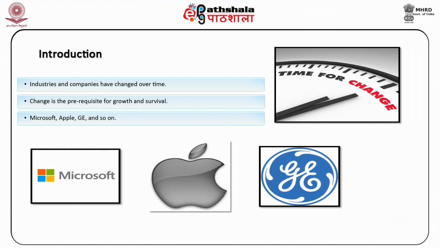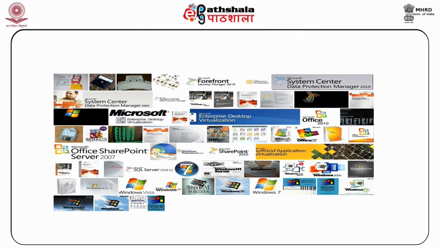GE, for example, has shifted from technology to services and is a leading conglomerate now. We can see how Microsoft has grown from being a software provider to now offering a gamut of hardware, smartphones, online game console, webmail services, etc.